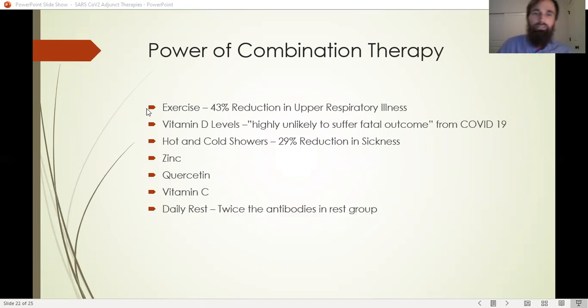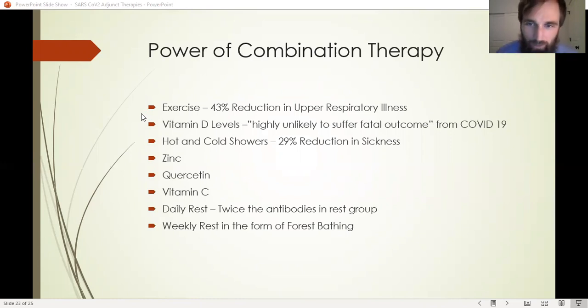If you did all of these things, then your chances of having an adequate immune response, an optimized immune response in phase 1 when it's most important, are going to be extremely high compared to if you're not doing any of these.